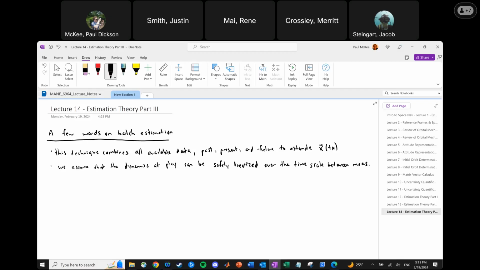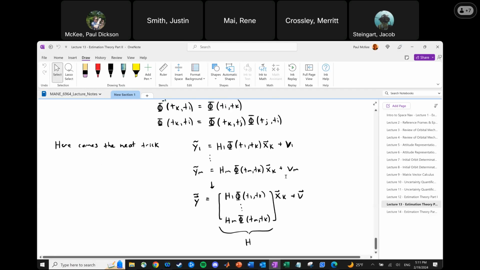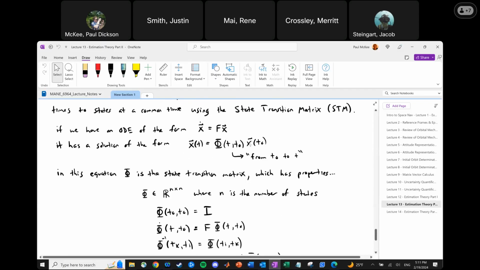Right. So what we're saying here is you might have noticed that this state transition matrix phi, we are essentially linearizing our state. So we're saying, okay, our state, which could be position and velocity, could be something else, if you just multiply it by this matrix phi, gives us our future state. That is a linear system by definition. And most systems, in fact almost all systems, are nonlinear.